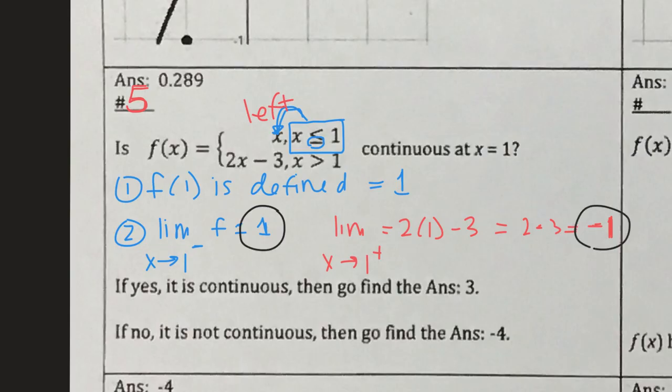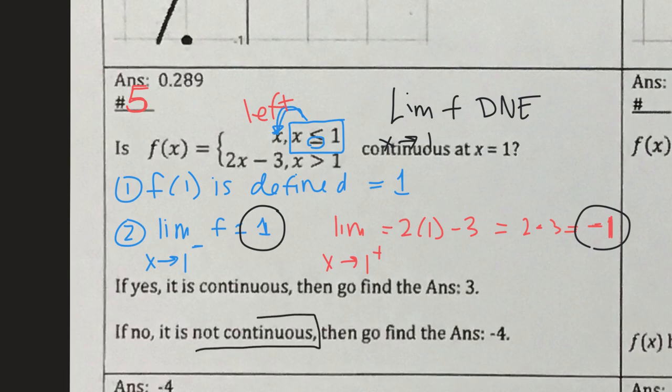So does the limit exist? No. The limit at 1 does not exist because the left limit and the right limit don't equal each other. So is it discontinuous? This function is in fact not continuous because the limit does not exist.